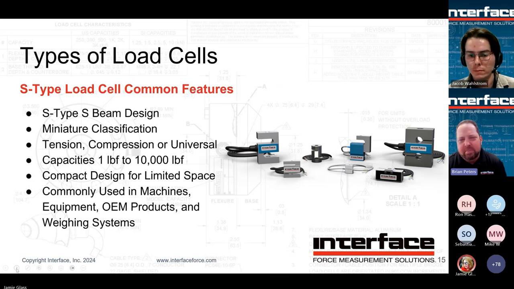So performance is good for most of these models, just not quite as rugged or insensitive as the LP is to various less than ideal application aspects. But we make and sell quite a few of these. And of course, most people think of this when they think of a load cell, they think of an S-type. Interface's founder actually invented the first one and probably should have patented that, what was it, 56 years ago. So, all right, next slide.